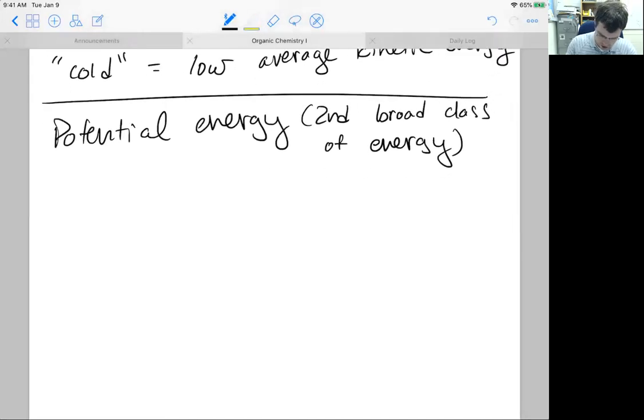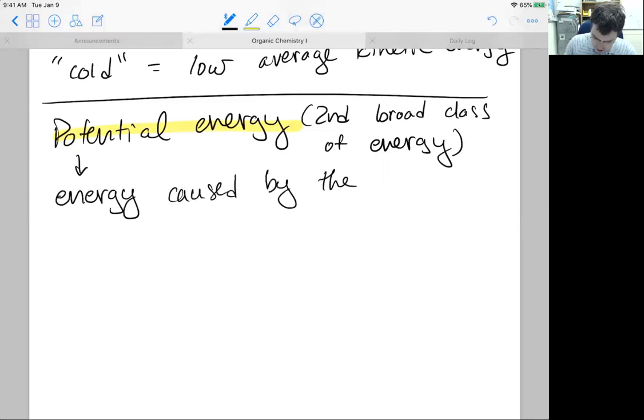So the potential energy is the energy caused by the arrangement/position of a system.